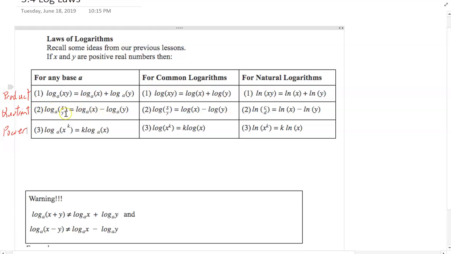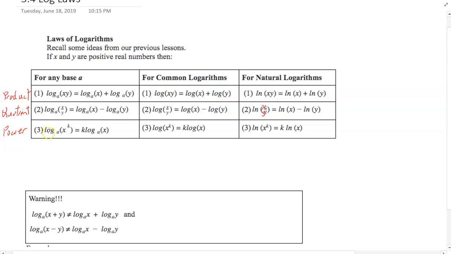That means that if you have a log of a quotient, then you subtract the log of the denominator from the log of the numerator. In common logs, it's read as log of x over y is equal to log of x minus log of y. And in natural logarithms, ln of x over y is equal to ln of x minus ln of y.